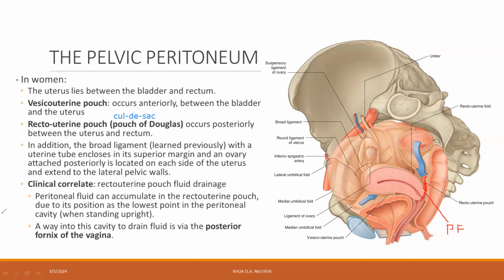Okay, and that is what people know as the procedure of culdocentesis. Culdocentesis, cul-de-sac, right? And it's very, very similar to each other. All right, so that would be in the female.